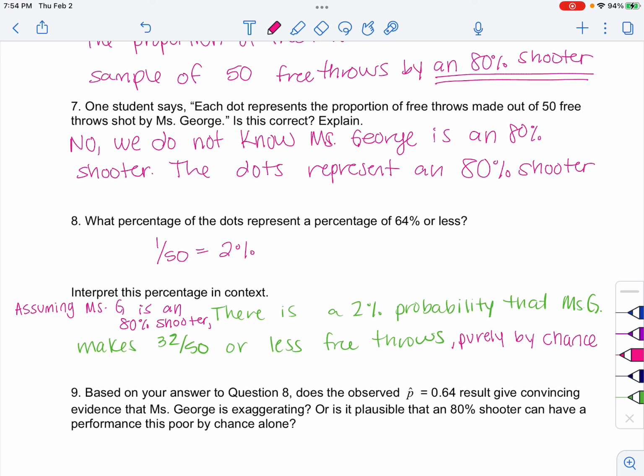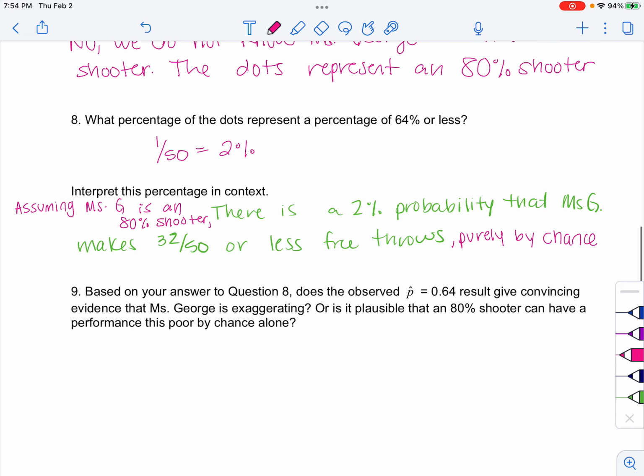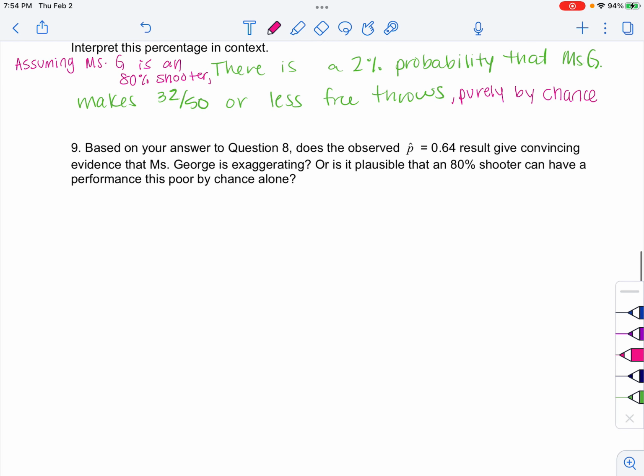So this is the probability that I were to get such terrible results purely by chance. And if it's a really small probability of it happening purely by chance, remember we've talked about this, if it's really unlikely that it happened by chance, what's more likely is that I am lying, or that the claim is not true.